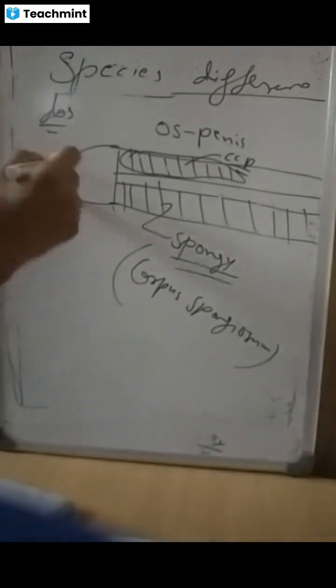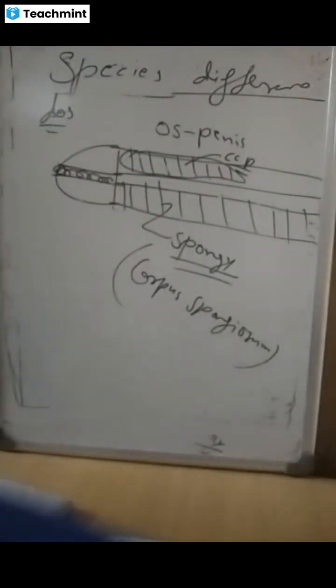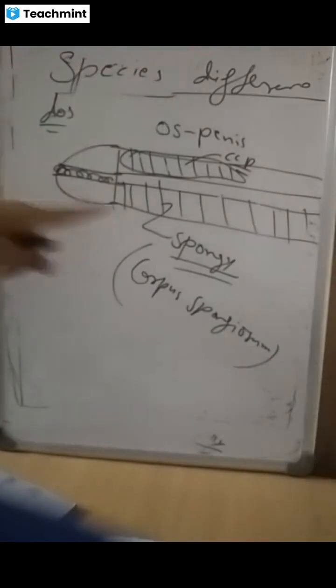All the muscles are mesodermal in origin. The position of the penile urethra is just ventral to the os. Till the tip, it was ectodermal in origin. Some of the species differ.